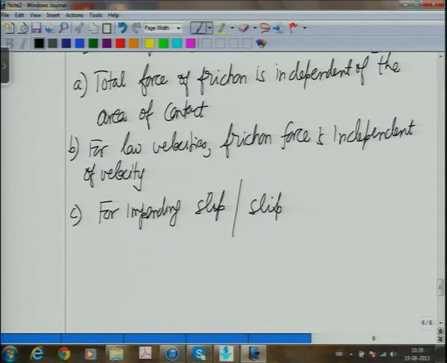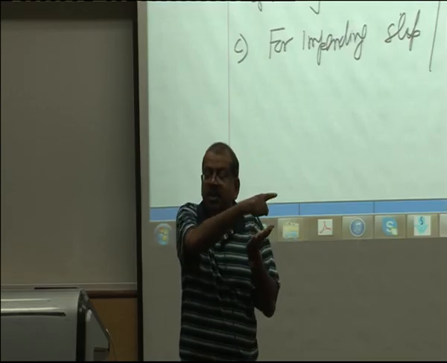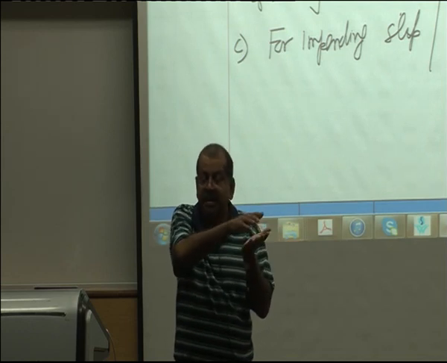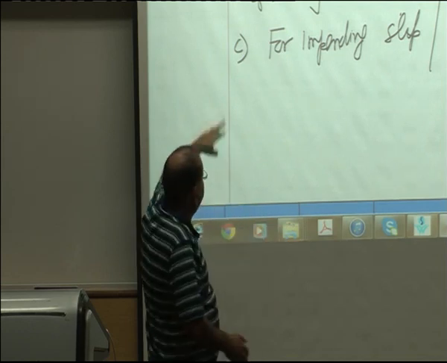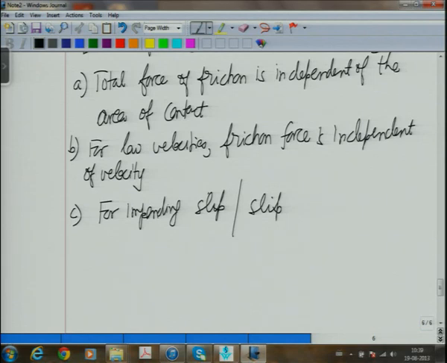There is, let us say, a duster kept on a table, you apply a horizontal force. When you apply a small force, the duster does not move, but as you keep on increasing the force, after some time the duster starts to slide. When it is just starting to slide, we call that impending slip, and once it has started sliding, we call that slip.